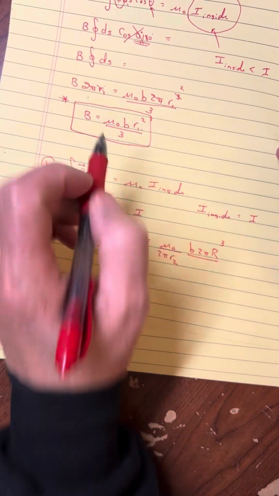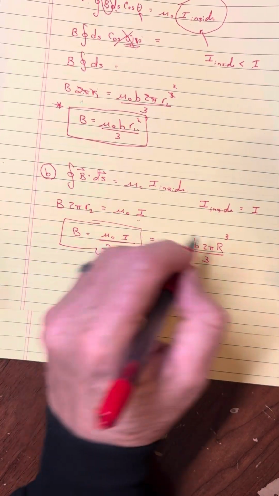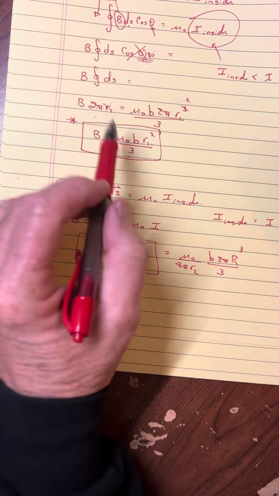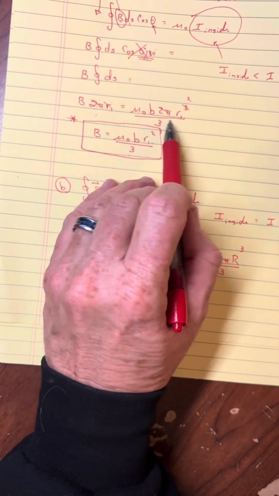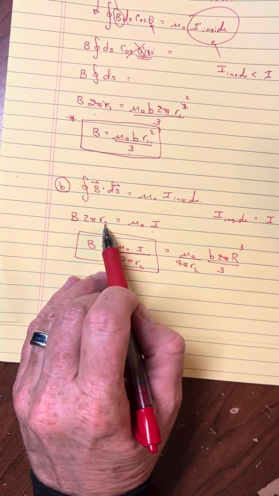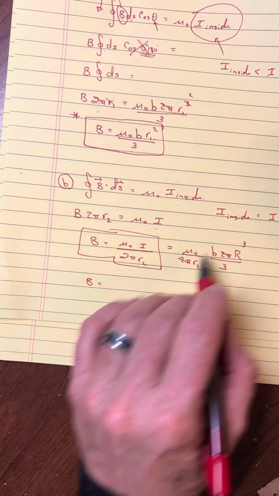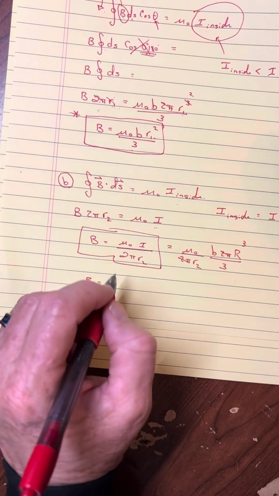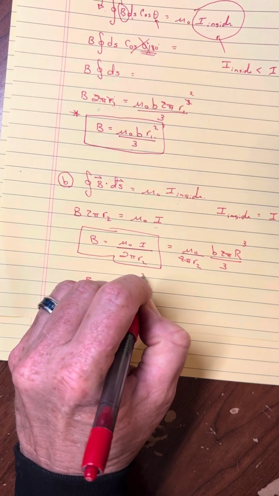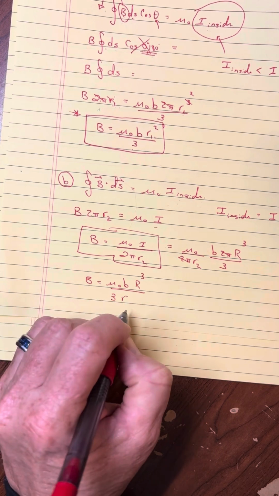And that's where it differs. We get a little bit to cancel, but not as much as before because our R's are different. See, in A, the R1 was on both sides. Now we have a little different. We have an R2 on this side where we do the ambient loop, but a capital R where we calculate the current. And so this becomes mu naught B R cubed over 3 R2.